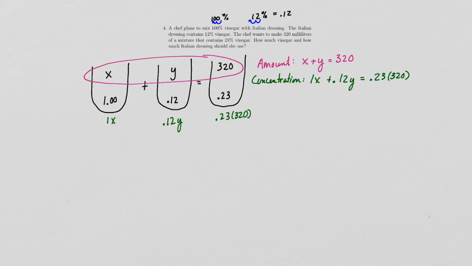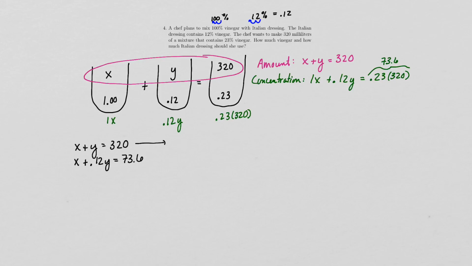And 0.23 times 320 is 73.6. So my two equations are x plus y equals 320, and then x, I don't have to write the 1 in front of the x, because 1 times x is just x. So x plus 0.12y equals 73.6.